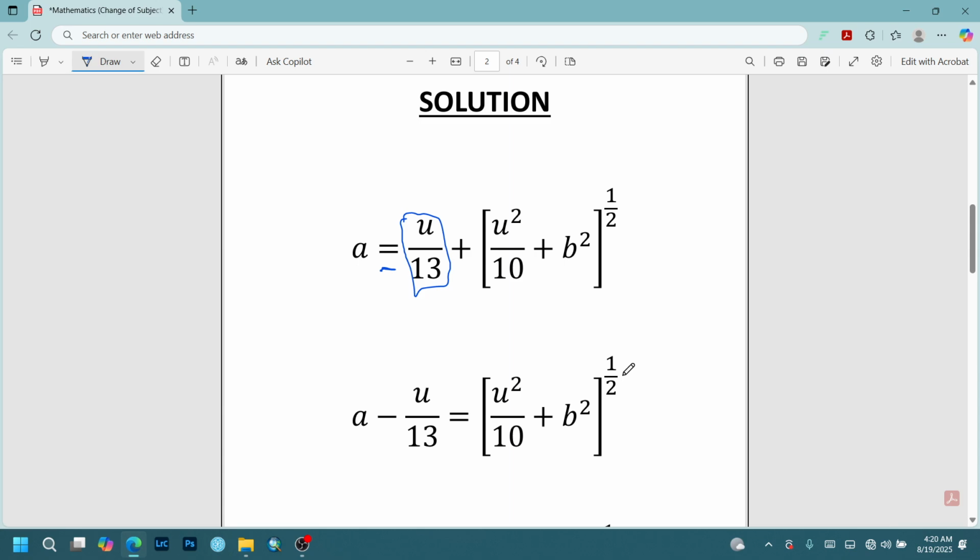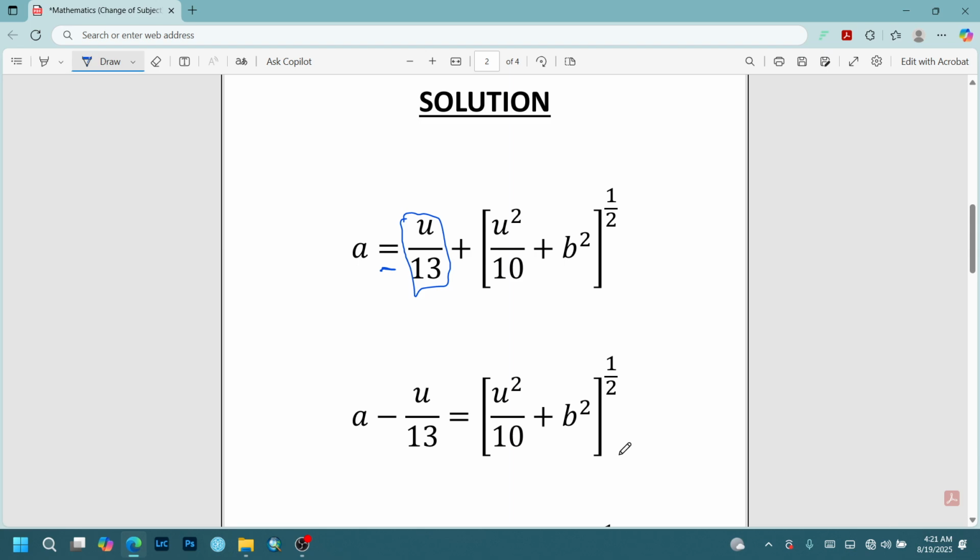Whatever you do for the left hand side in mathematics, you do the same for the right hand side. We've squared the right hand side with 2 in order to eliminate the exponent.